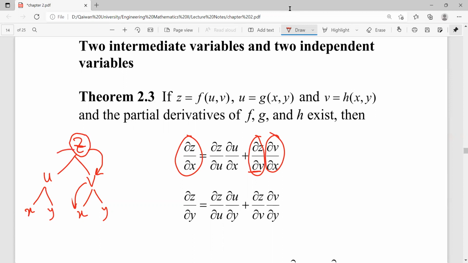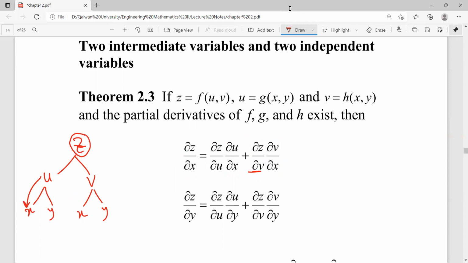Then partial z by partial u times partial u by partial x. We have only u and v in z, so you take the derivative of z with respect to u, then u with respect to x, and also for v. This is the rule for partial z by partial x.